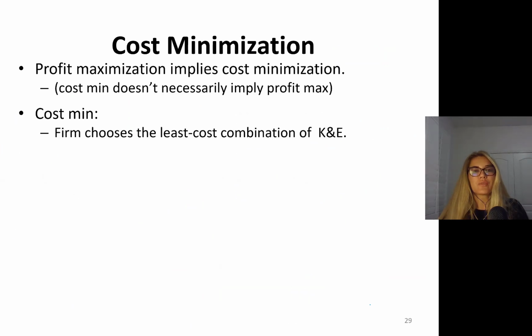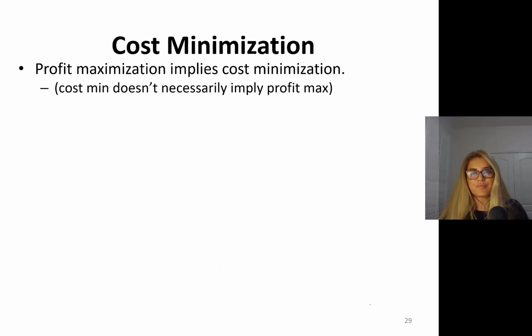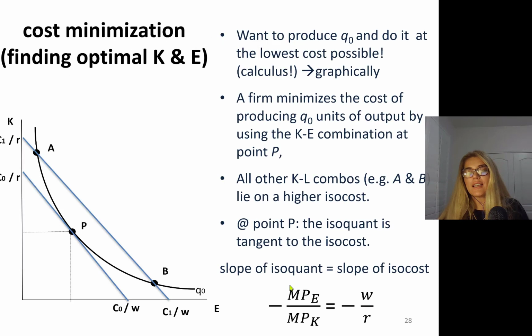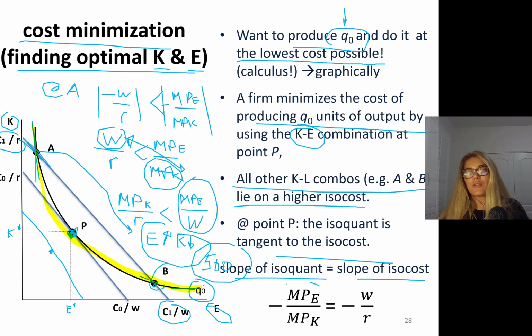If you clean this up, you're going to get marginal product of labor divided by wage rate equals marginal product of capital divided by rental rate, which means every dollar spent on either labor or capital brings me exactly the same level of output.